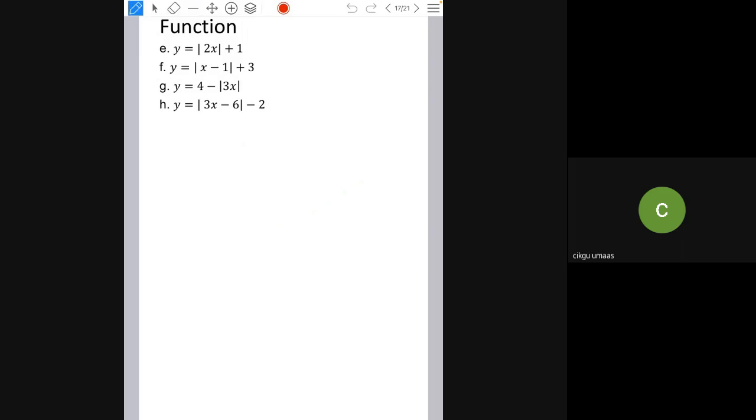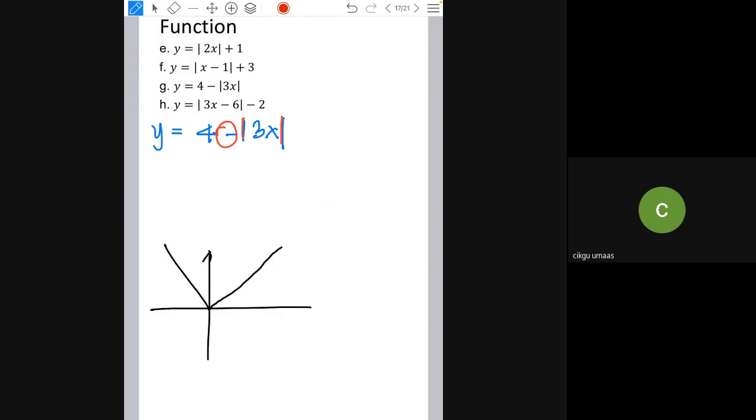Okay, this is y equal to 4 minus this. One thing I noticed, the negative is in front of the modulus. The negative is in front of the modulus. So according to the theory which I gave you just now, this is the standard graph of a modulus.